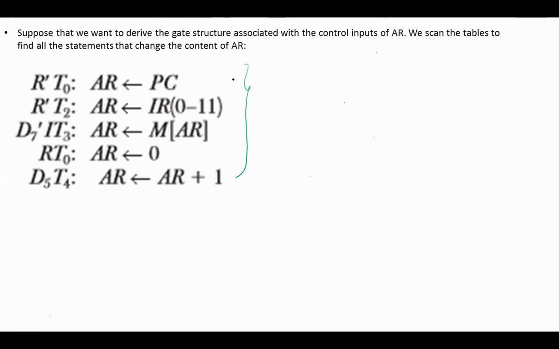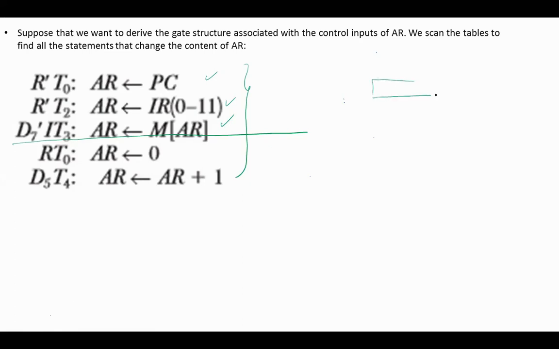The first 3 statements specify transfer from a register or memory to AR. To perform that, the contents of the register or memory is placed into the bus, and the contents of the bus is transferred to AR by enabling its load control input.